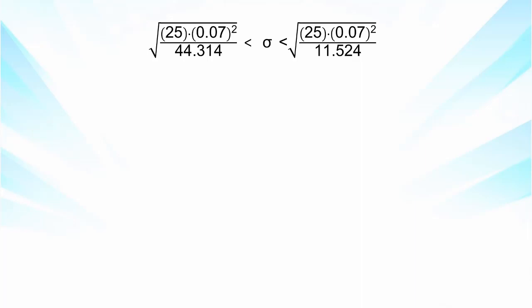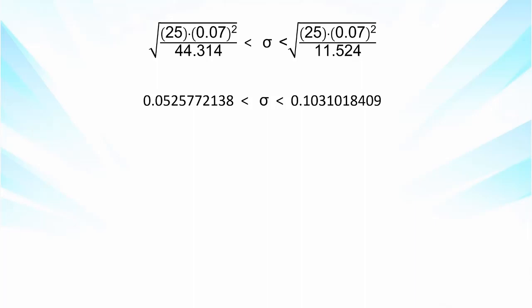But in that fraction on the right, we have the left-hand chi-square L value in the denominator, 11.524. So if we plug those into our handy-dandy calculators, we end up with sigma is stuck between 0.0525772138 and 0.1031018409.